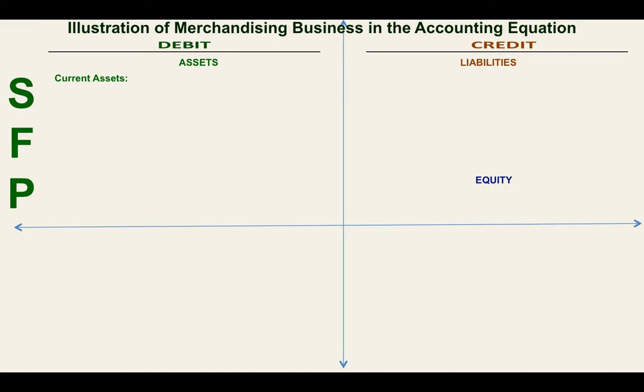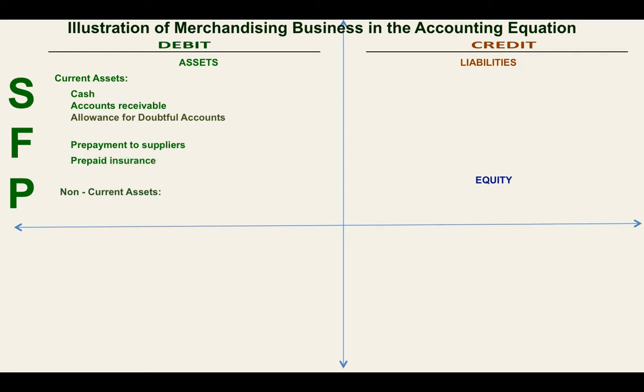And under assets, you have current assets and non-current assets. So examples of current assets that we have already discussed are cash, accounts receivable, allowance for doubtful accounts, prepayment to suppliers, prepaid insurance, and supplies. Okay?